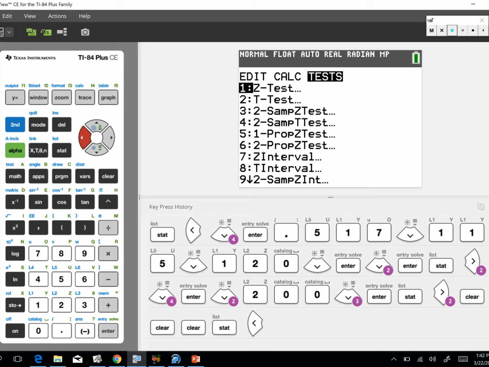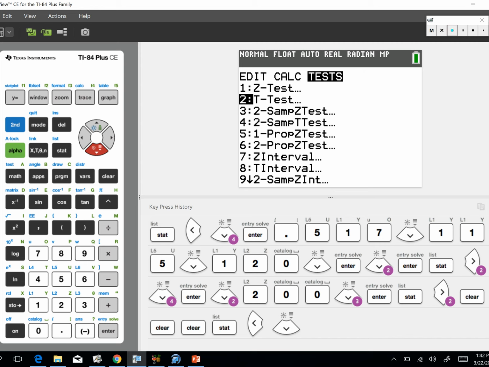And now if you haven't been using the calculator to this point for the hypothesis testing, just a quick recap of where you can find the test for the means that we have been testing. Number 1 up there, the z-test. That's a z-test for the mean. We know the population standard deviation. Option 2 is our t-test for the mean. That's when we only know sample standard deviation.